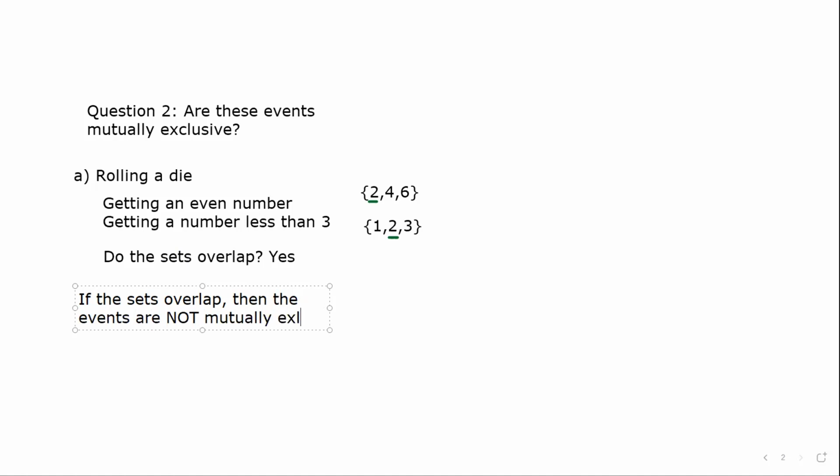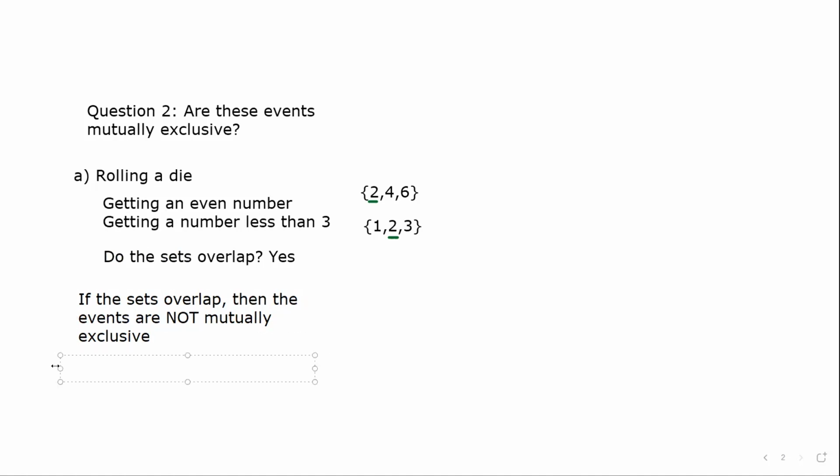So this would be no, because mutually exclusive means, think of exclusive clubs. They're hard to get in, right? So they're not mutually exclusive. So for A, we would answer no.